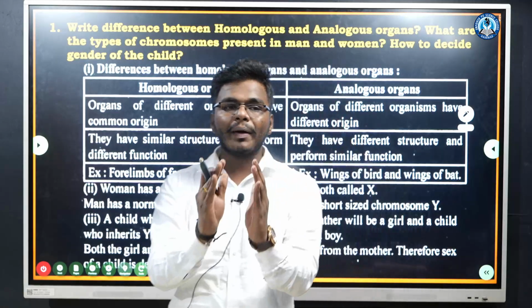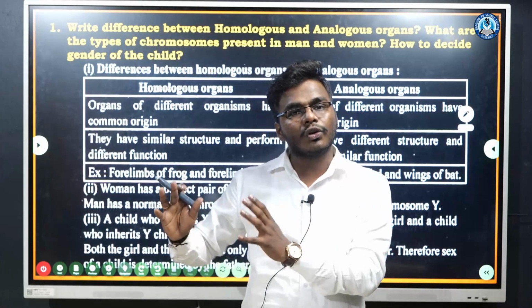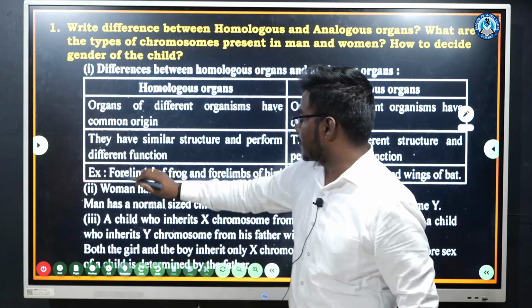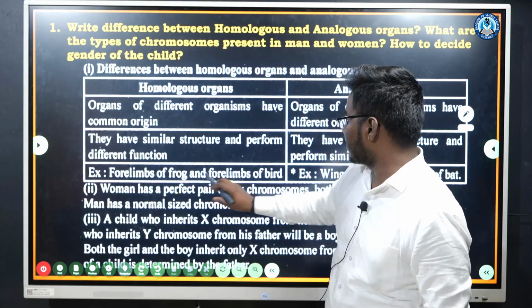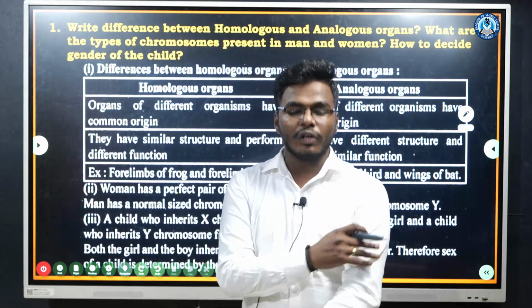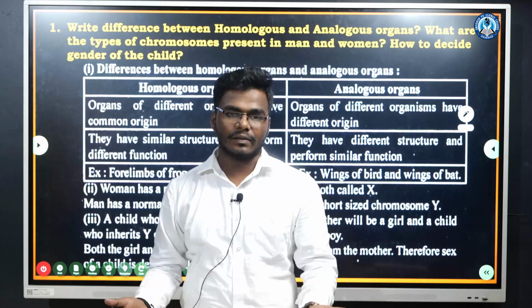When we compare a forelimb of a human being and a forelimb of a cheetah, the arrangement is the same. We have the forelimbs of a frog and a bird. We can also quote the forelimb of a bat, a cheetah and a man.